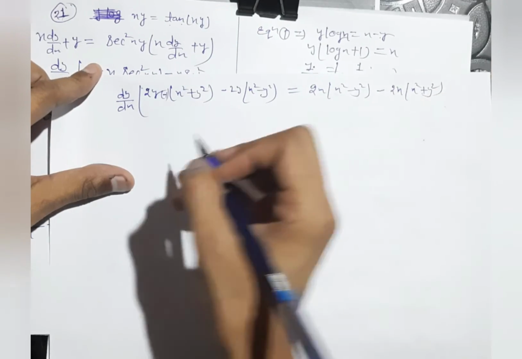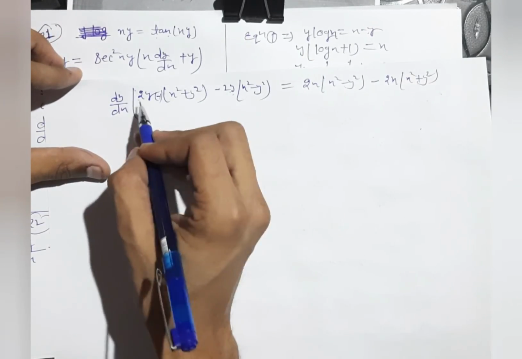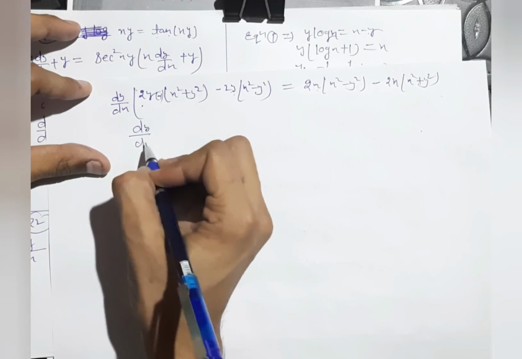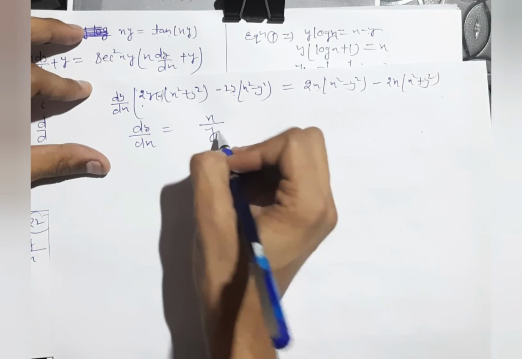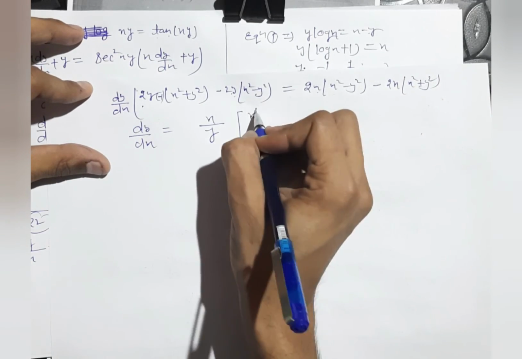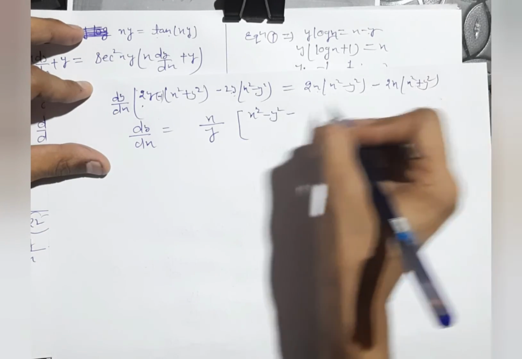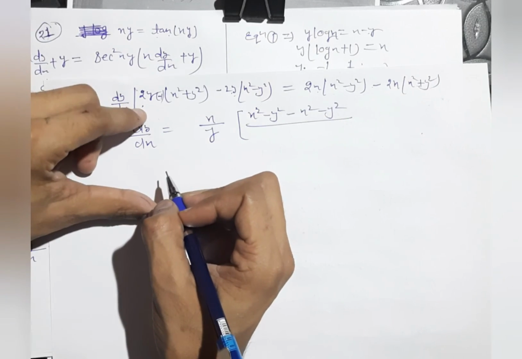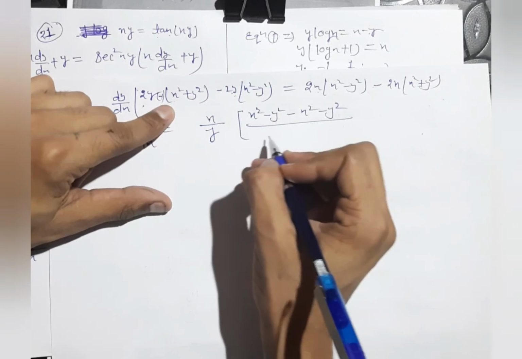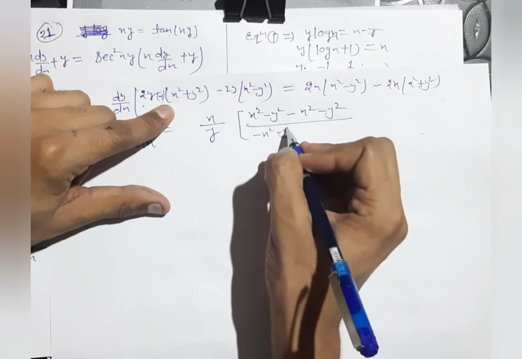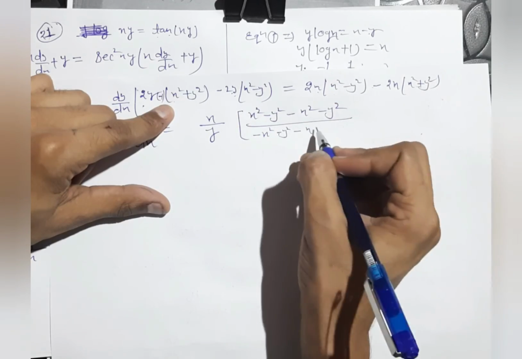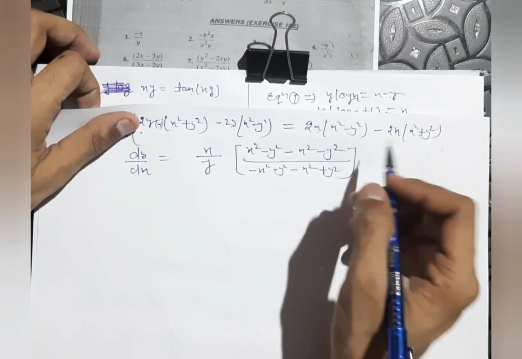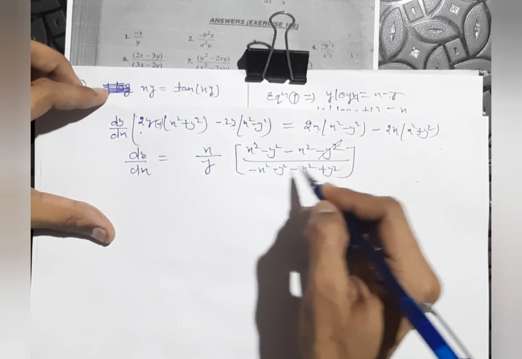Okay, so here 2y can be taken as common, here 2x can be taken as common, and the 2 will be cancelled with each other, and the remaining terms are x divided by y, and this is x square minus y square minus x square minus y square, divided by minus x square minus y square minus x square plus y square.